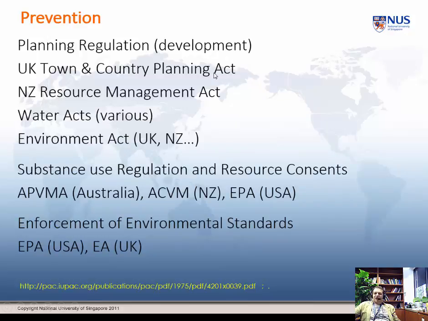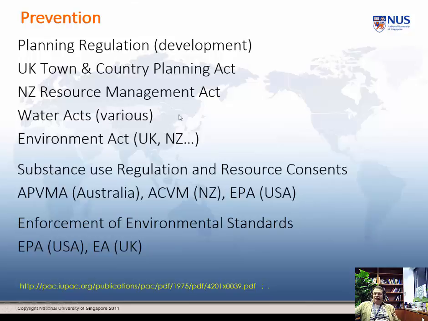Final slide, prevention. I'm not going to talk about it now, but there's a whole tranche of planning acts and regulations to control what is built, where and when, what is emitted, along with things like the Environment Act and the various water acts to control what is polluted, what you can emit, what the pollutants could become.